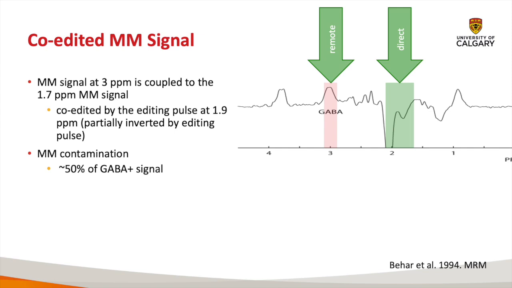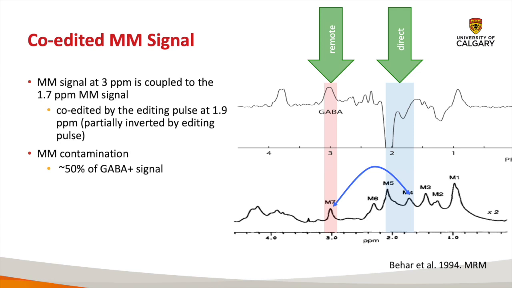So if you'll recall, I said that the editing pulses applied at 1.9 ppm manipulate the coupled signal for GABA at 3 ppm. Unfortunately, which I'm showing in this bottom spectrum, we also have a macromolecular peak at 1.7 ppm that is coupled at 3 ppm.